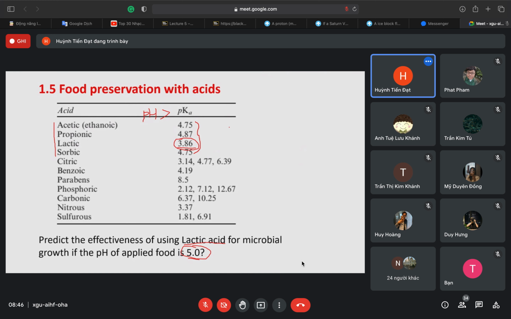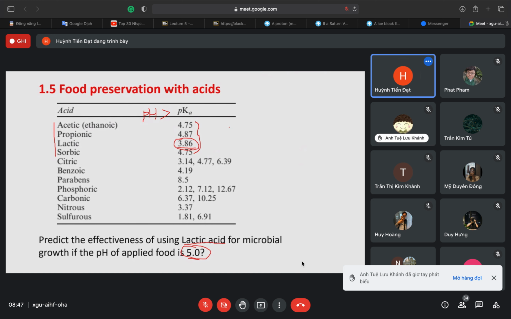So the pH is over the pKa. If you add lactic acid, it will dissociate more into ions. So that is not a good choice.